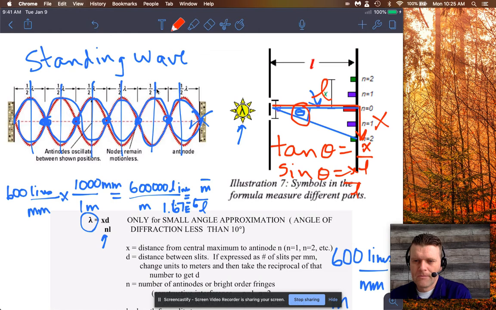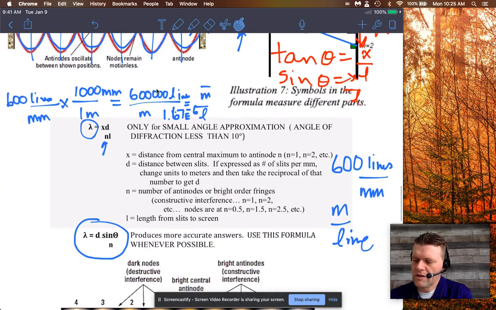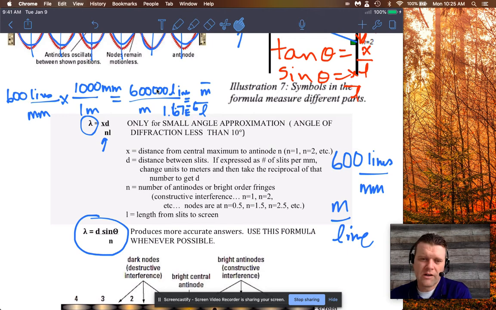So you can also use this second formula, where we've taken that x over L and replaced it with the sine of theta. D is still on top and n is still on the bottom. But this one produces more accurate answers in terms of the analysis, so you just try and use that one whenever you can.